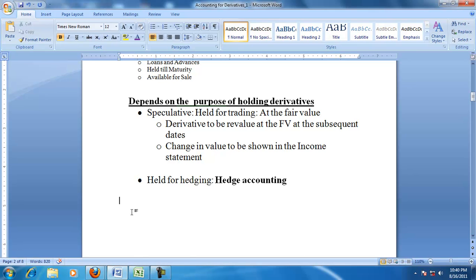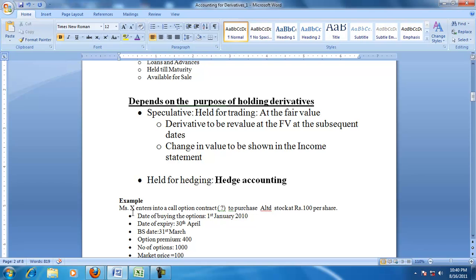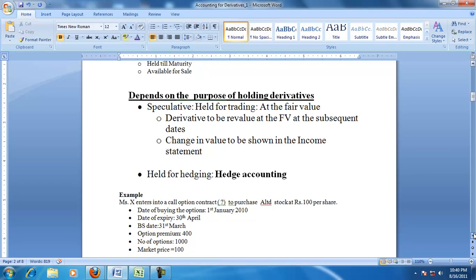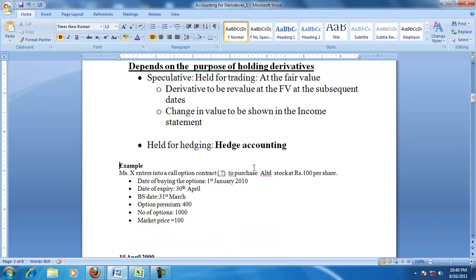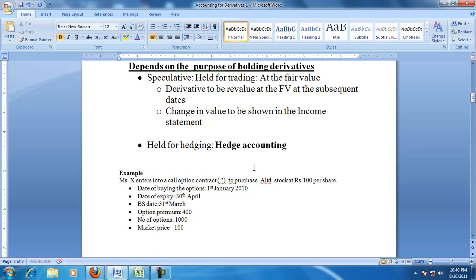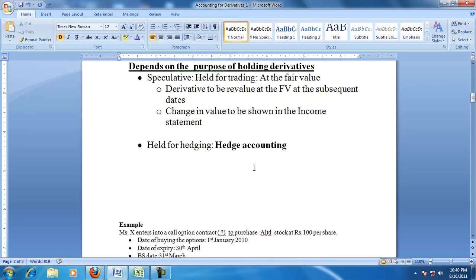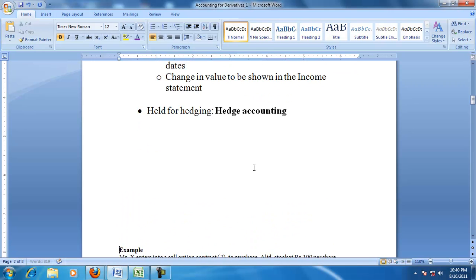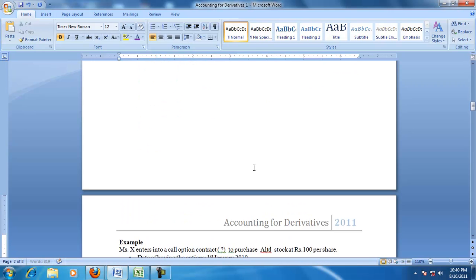But before we get into hedge accounting, let us take an example of a speculative, held for trading, FVPL derivative.